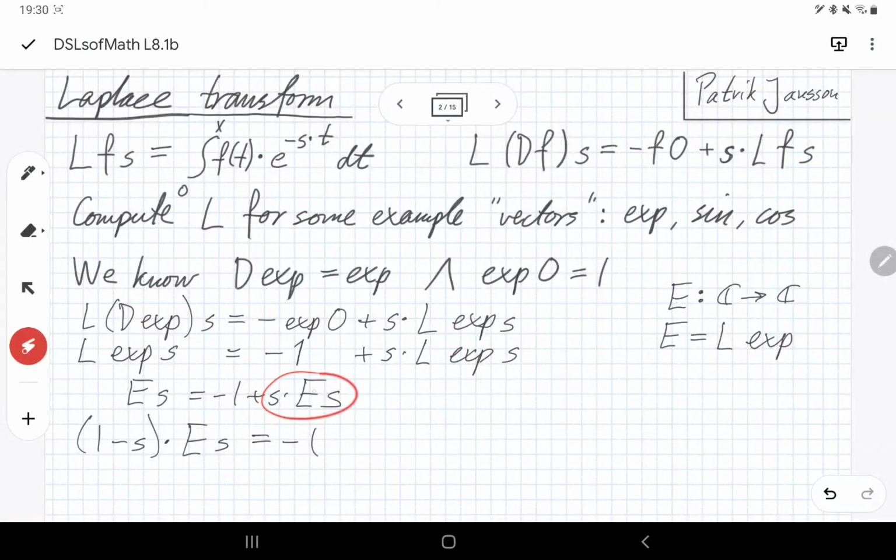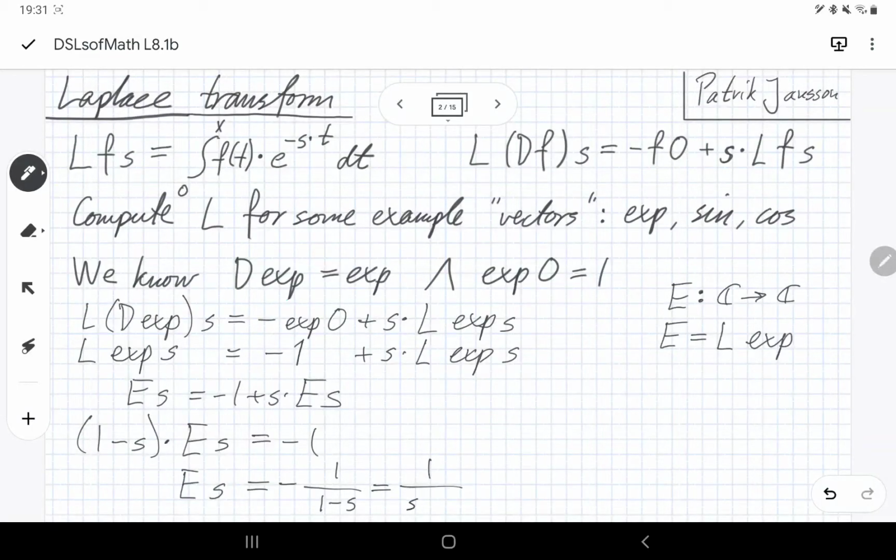I just moved this term over to the other side, and that's the minus s times E of s here. And then I divide by 1 minus s, giving me E of s, the function E applied to s, is equal to -1 over 1 minus s, or equivalently 1 over s minus 1.